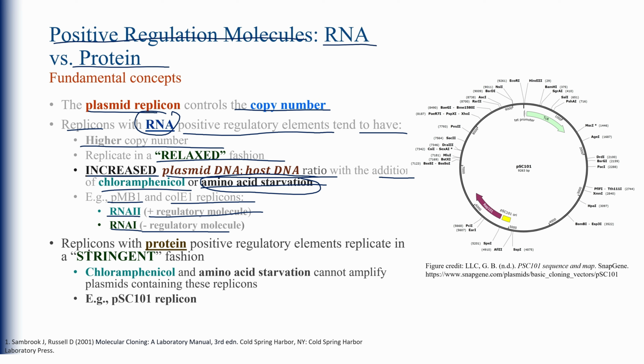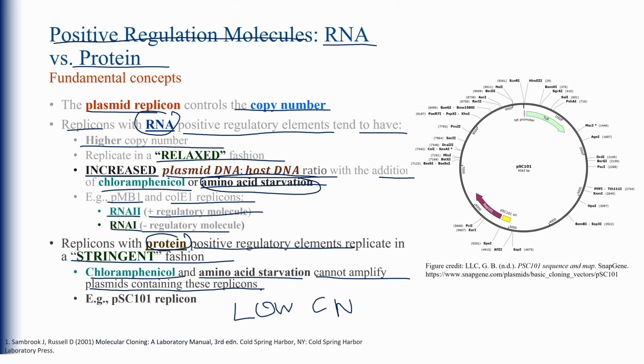Now, on the other hand, replicons with protein positive regulatory elements replicate in a stringent fashion. Because of this, they tend to have low copy numbers. In addition, chloramphenicol and the condition of amino acid starvation both cannot amplify plasmids that contain those types of replicons.